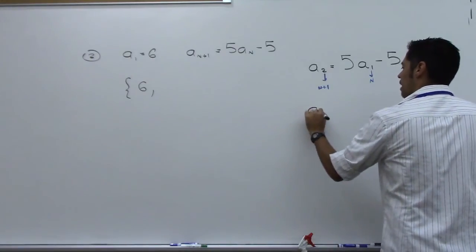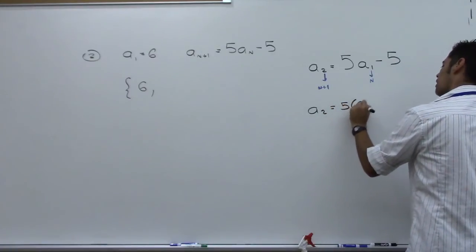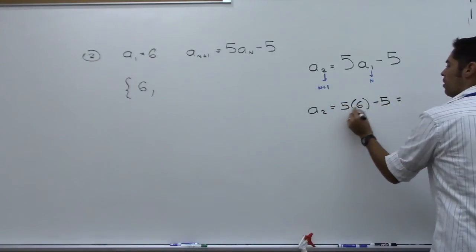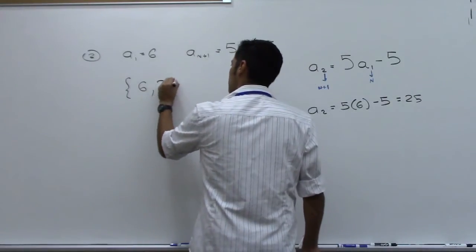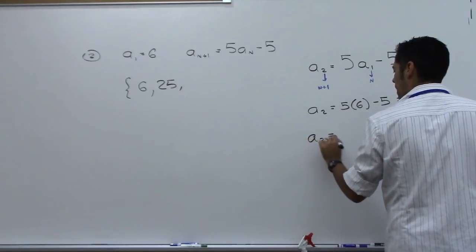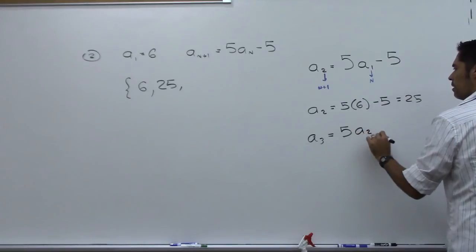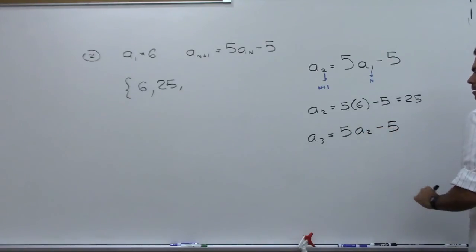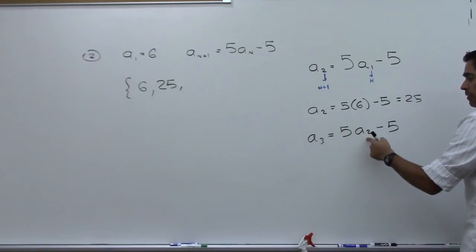So I know already what a sub 1 is. A sub 1 was defined to be 6. So 30 minus 5, 25. So the second number is 25. And then to get the third number, I'm going to do 5 times the second number minus 5. So again, to find the next number, I'm going to use the previous one.